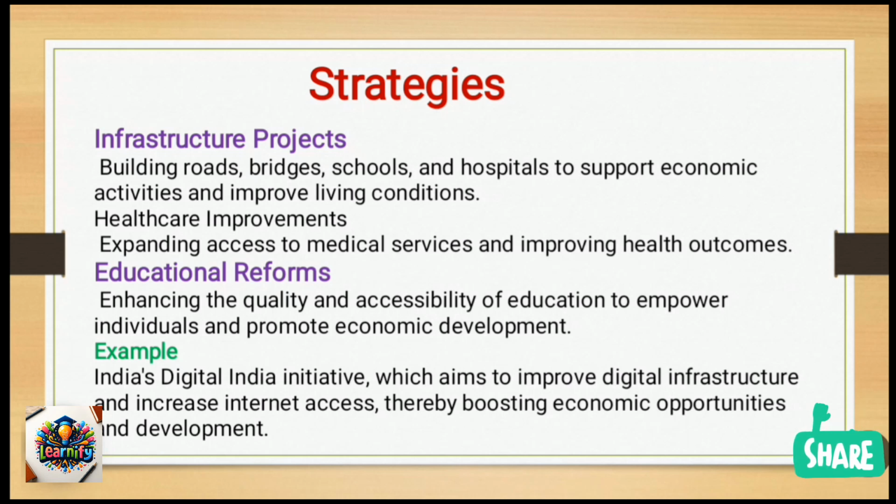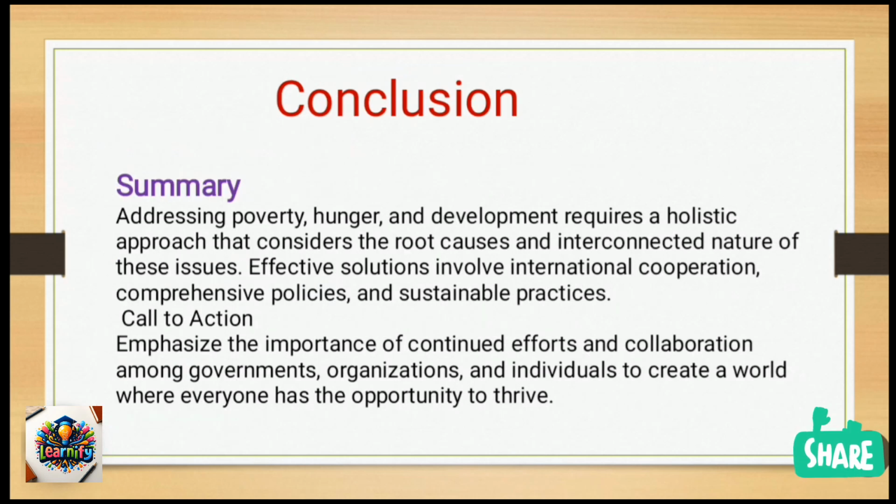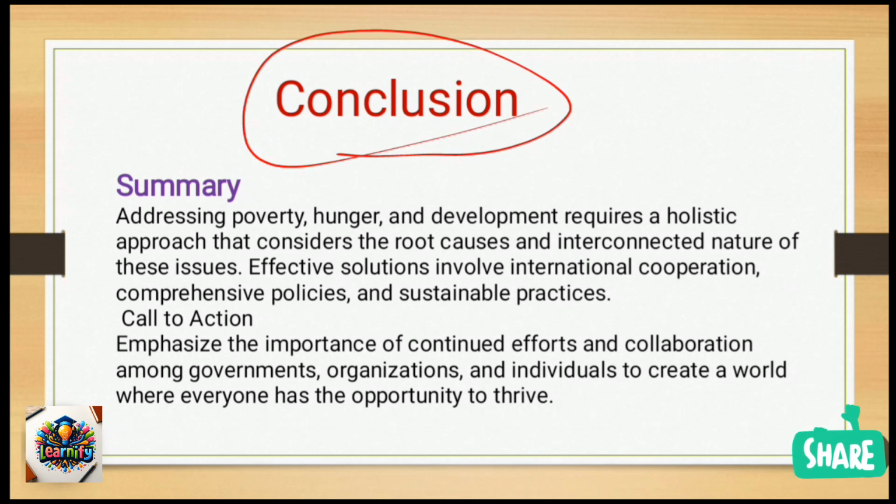Examples include India's Digital India initiative, which aims to improve digital infrastructure and increase internet access, thereby boosting economic opportunities and development. And lastly, we have the conclusion, which is very important for the lecture. Summary: addressing poverty, hunger, and development requires a holistic approach that considers the root causes and interconnected nature of these issues.